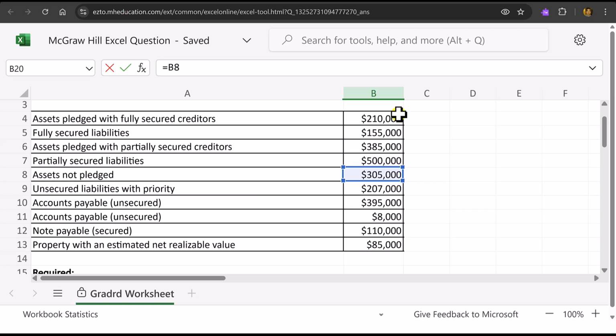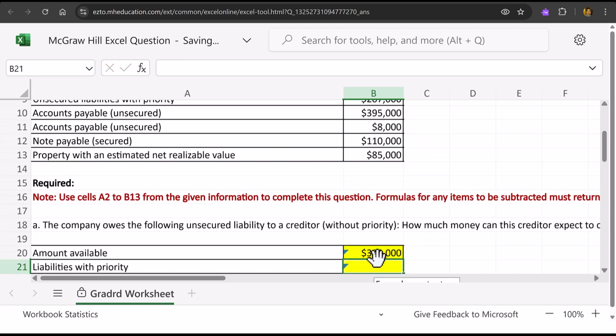I need a plus here, not equal, plus, and then add in these assets, but we're minusing out the secured creditors here. And the leftovers now can join these assets for a total of 360,000.